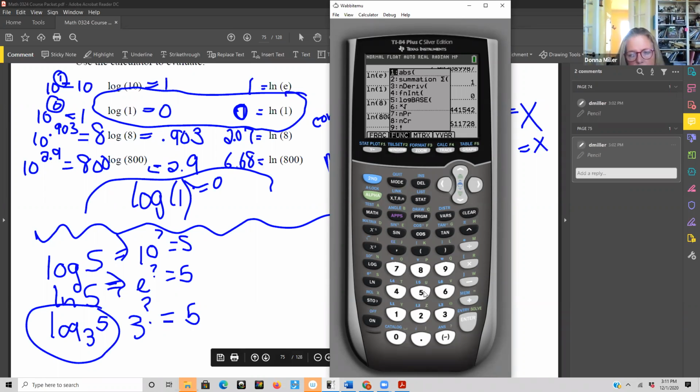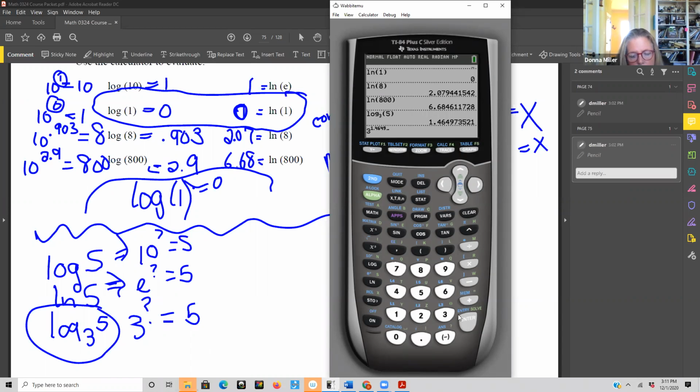So if I pick number 5, I can just type log base 3 of 5. It's 1.46, whatever. So 3 to that power should be 5-ish, because I rounded. Remember that the log is what's the exponent that I'm raising it to from that base.